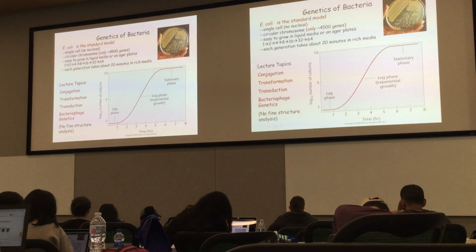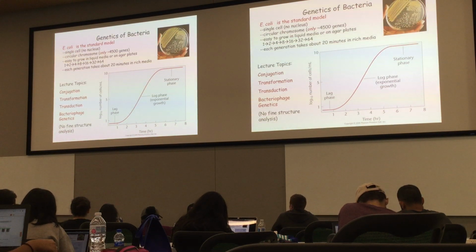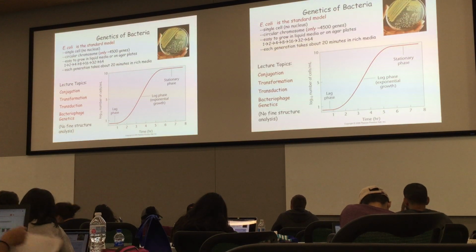Okay, so what we'll talk about in terms of bacterial genetics is transfer of genetic information through several processes like conjugation, transformation, transduction, and we'll look very briefly at bacteriophage genetics. We're not going to cover fine structure analysis. Fine structure analysis is in the book, either in this chapter or maybe in a separate chapter.